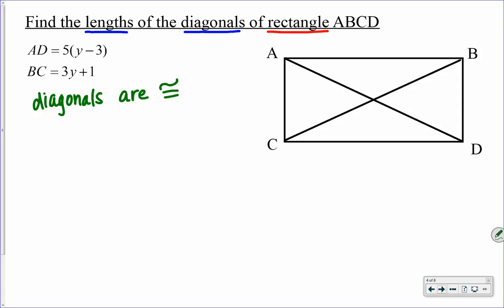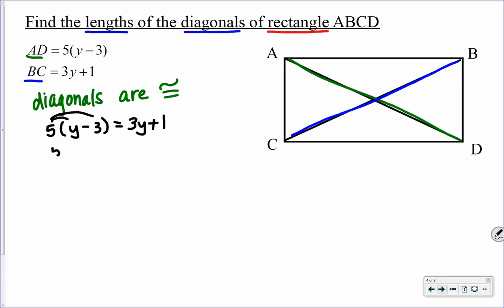So if the diagonals are congruent, I give you AD and I give you BC. These are the diagonals of this rectangle, and since diagonals are congruent, we can set them equal to each other. So we can say 5 times the quantity of y minus 3 equals 3y plus 1. So we can set them equal, and now we can solve algebraically.